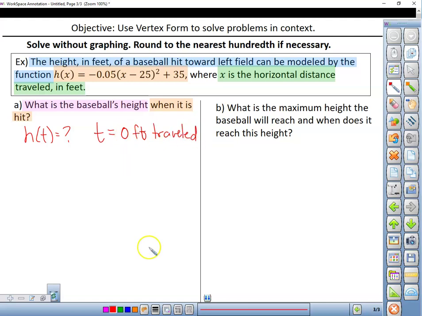So that's our t, or actually not t, sorry, we're looking at x. Our x is defined as 0 feet traveled in this context. When it is hit is actually x, 0 feet traveled. Sorry about that. So that means here, this is also supposed to be x.